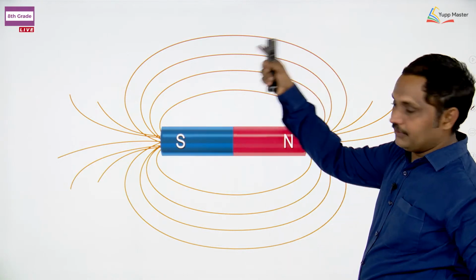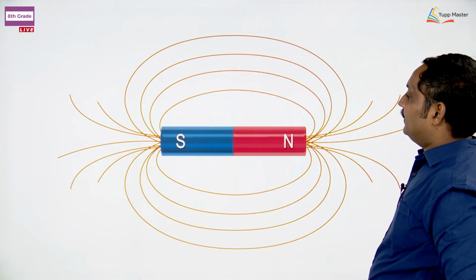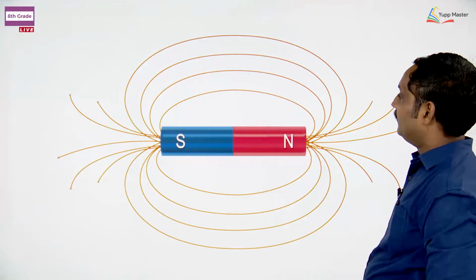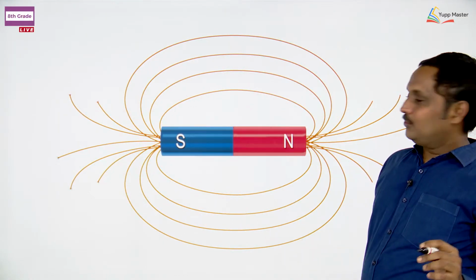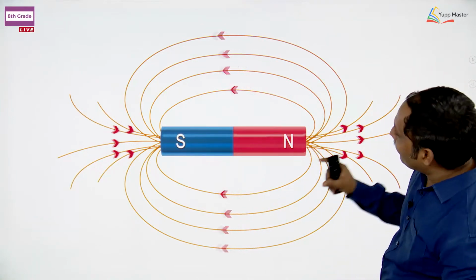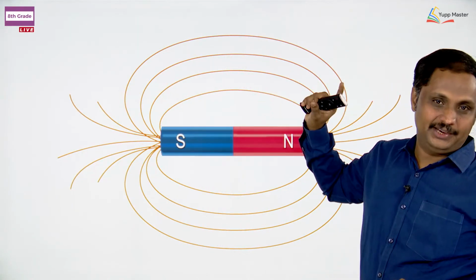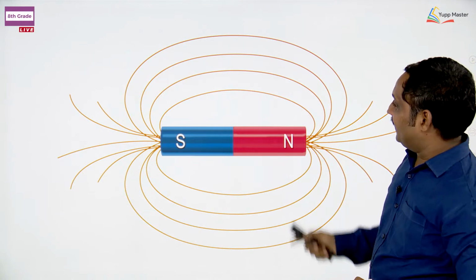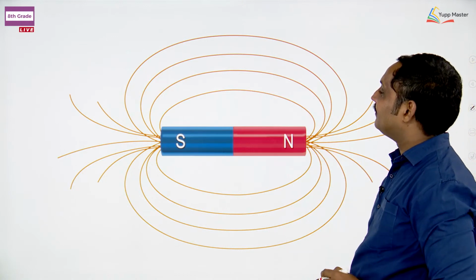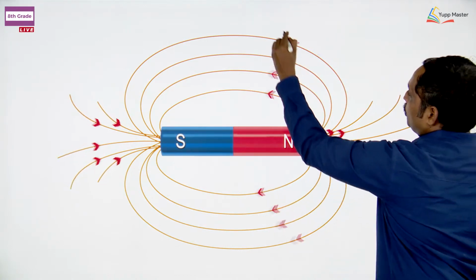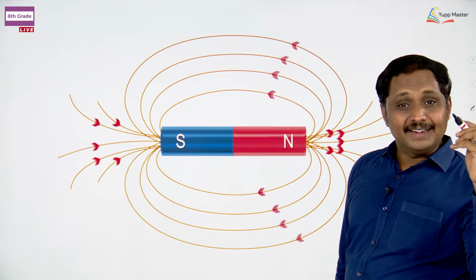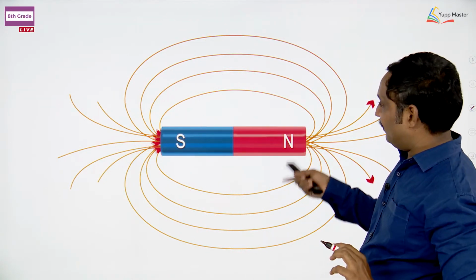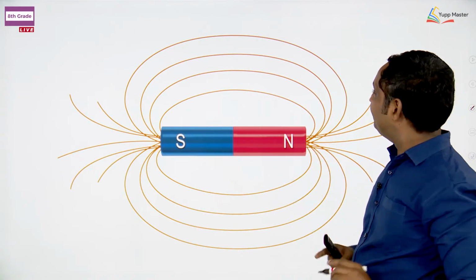They start from this one, and you can see the flux. So this is one magnet. Around the magnet there exists a magnetic field. So due to the flux, there exists a magnetic field induction around the magnet.